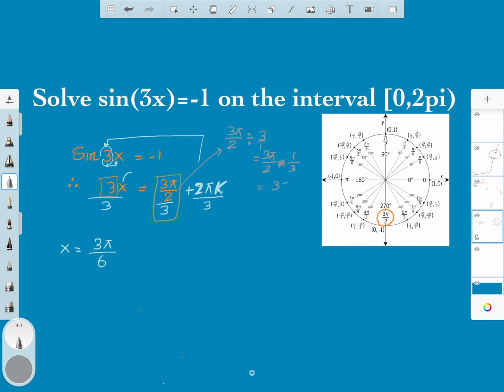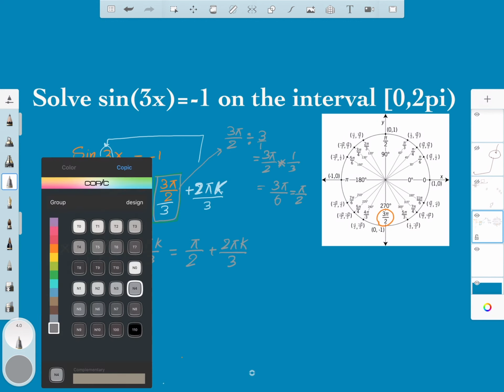This gives us 3 pi over 6, which is same as pi half. Plus 2 pi k over 3. So I'm going to simplify this, equal to pi half plus 2 pi k over 3.